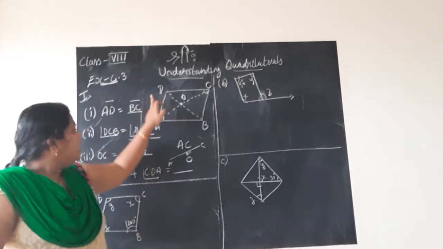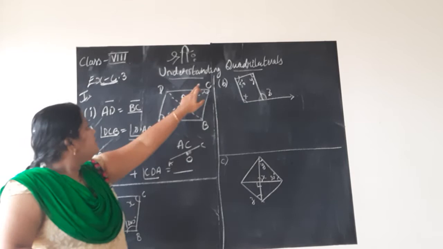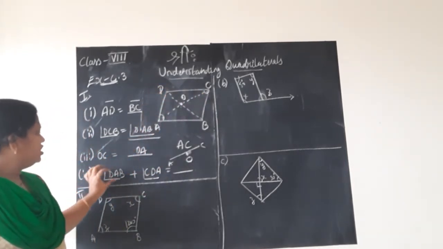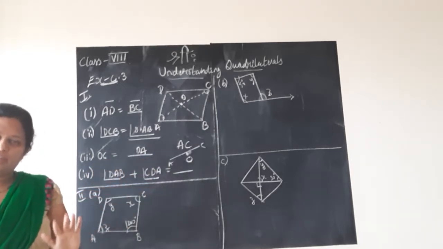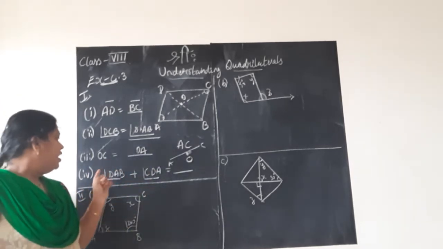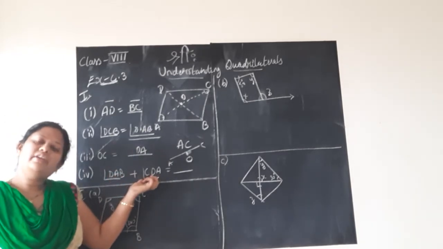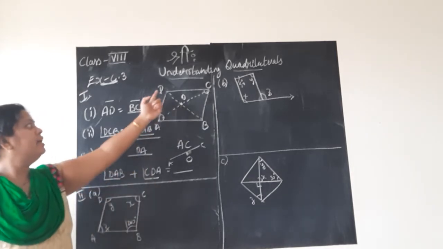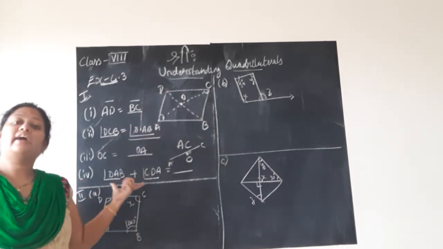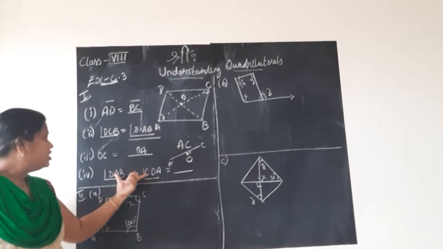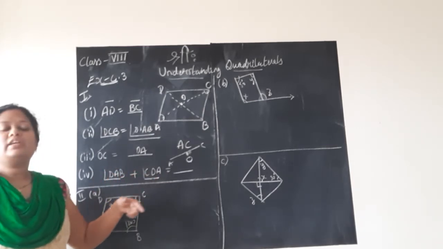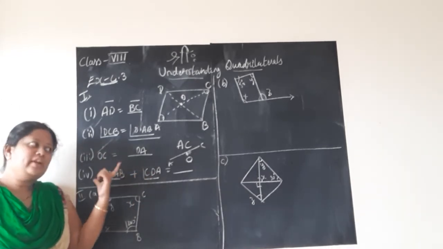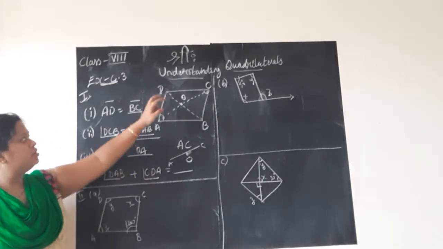Now angle DAB plus angle CDA is equal to what? Always, children, when 3 alphabets are given here, you know all this, but still I will tell you once. When 3 alphabets together are given in order to mention an angle, the center letter is the angle which is actually represented. The center letter matters. The other 2 alphabets on either side are supportive.